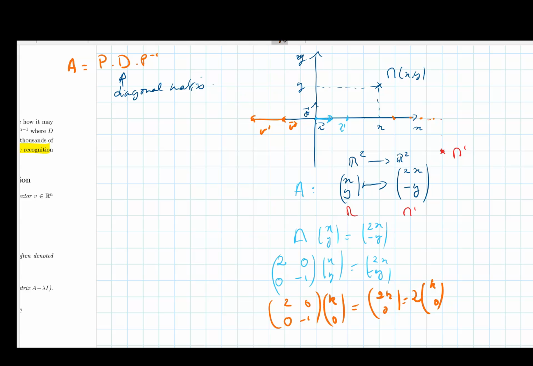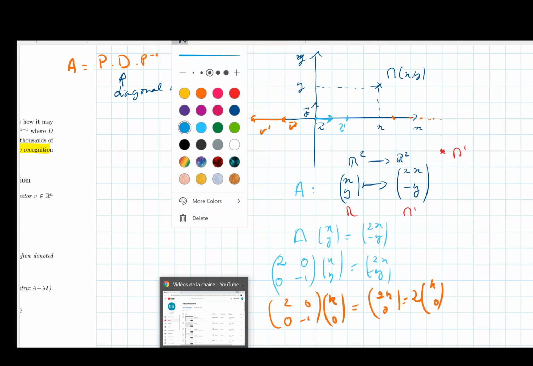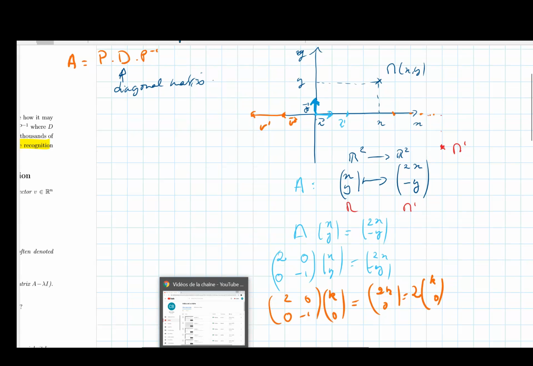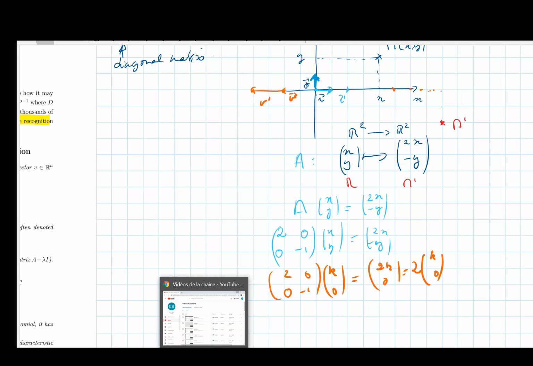Very similarly, what's happening to anything that belongs to, let's say, the y-axis? Let's look at the effect on the J vector. The J vector has coordinates 0, 1. By the matrix A, it's just going to be sent to 0, -1.